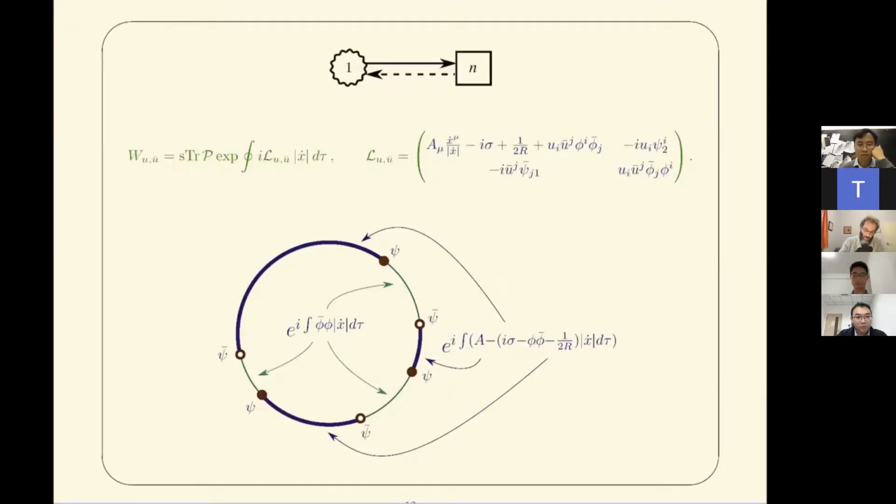So we started with a theory which had the quiver diagram and one arrow and little n flavors. I rewrote here my connection L, and I will express this Wilson loop in terms of this quiver diagram.